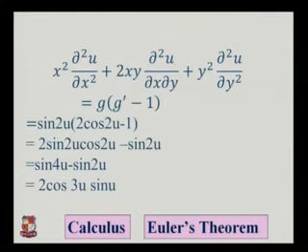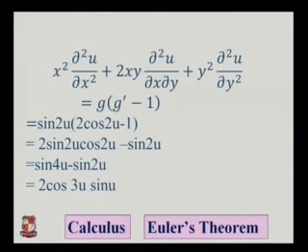We have the second derivative: x square del square u by del x square plus 2xy del square u by del x del y plus y square del square u by del y square is equal to g into (g dash minus 1). So sin 2u into (2 cos 2u minus 1).